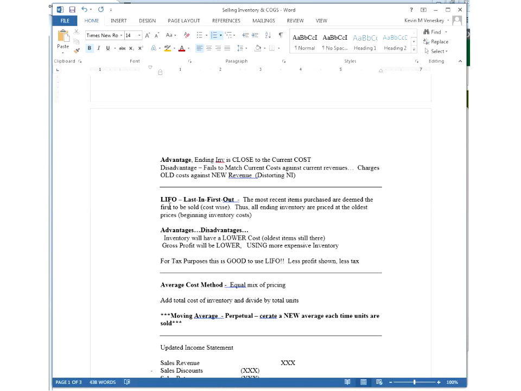So last in, first out may be a little more accurate method for that type of business. They're saying that the last cost that came in, maybe those more expensive ones with the Xbox One, because they cost more to purchase by the retailer, are going to be the cost that we show as going out, which would make sense because we mainly sold those most recent products.